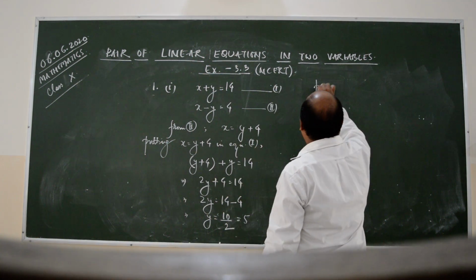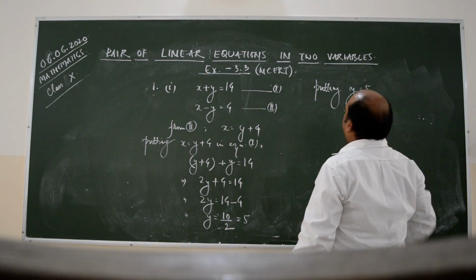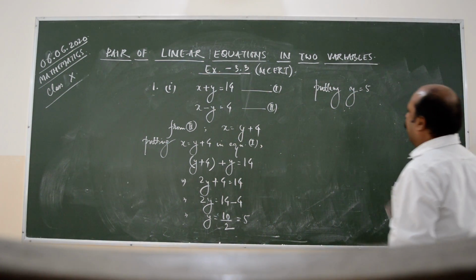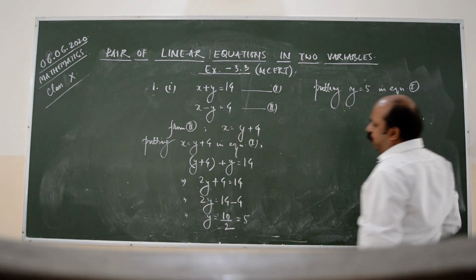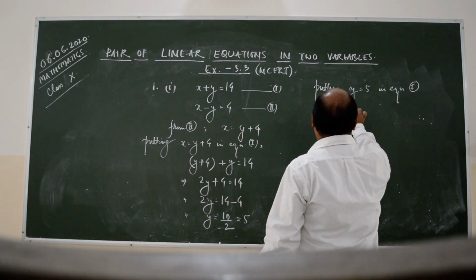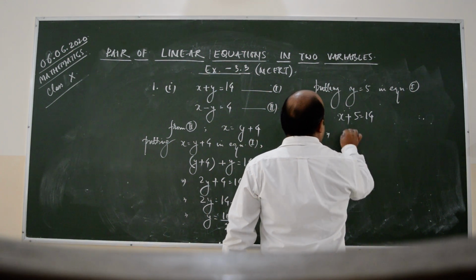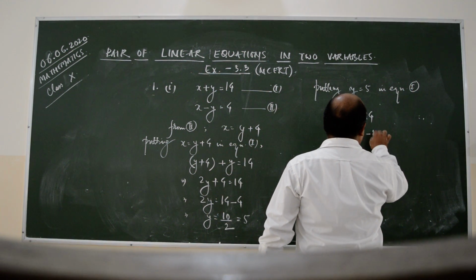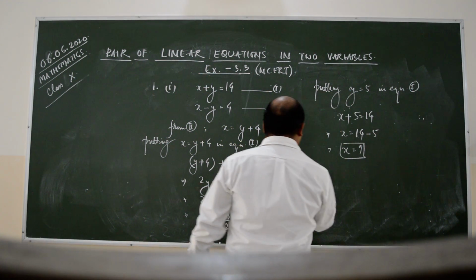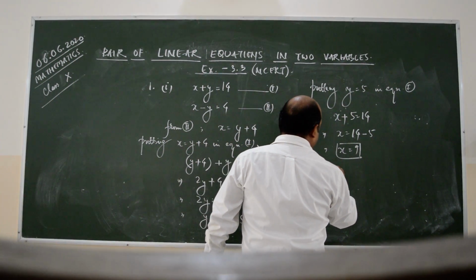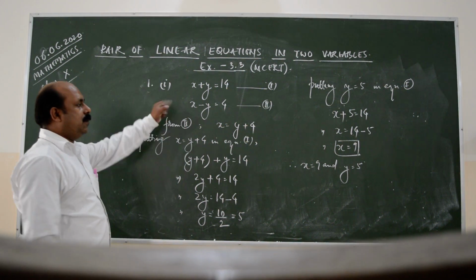So putting y is equal to 5 in equation 1. x plus 5 is equal to 14. So the value of x will be 14 minus 5. So the value of x is 9. Therefore, x is equal to 9 and y is equal to 5 is the solution of this pair of equations.